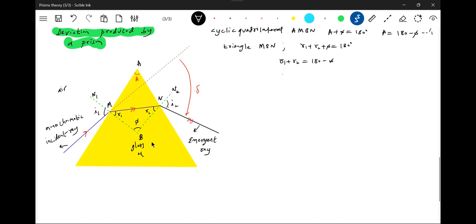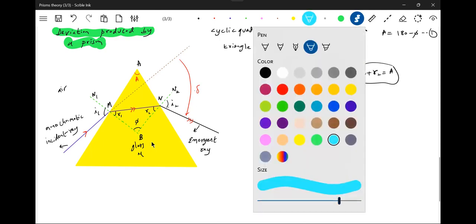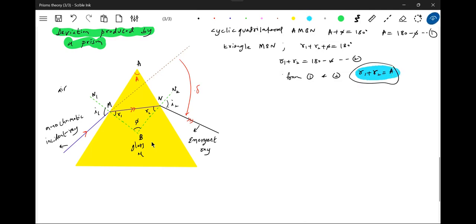So from equations 1 and 2, R1 plus R2 equals A. This is one equation you do remember, very important, it will come at many places. It relates these two angles to the angle of prism. R1 is the refracting angle, and R2 is the incident angle at the second face.